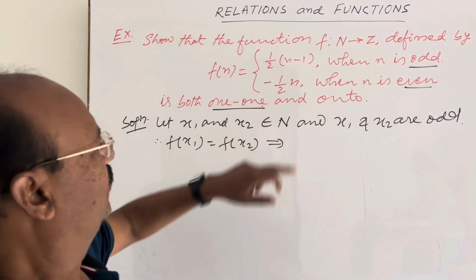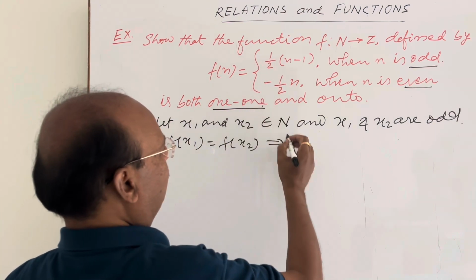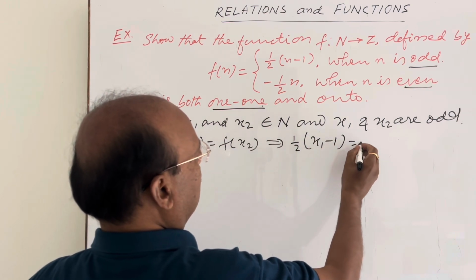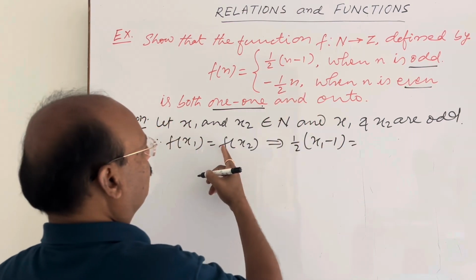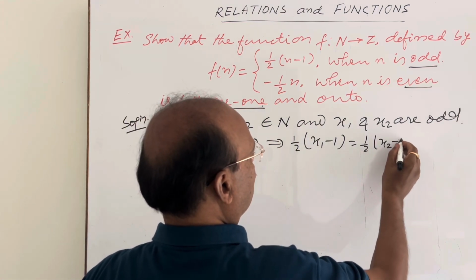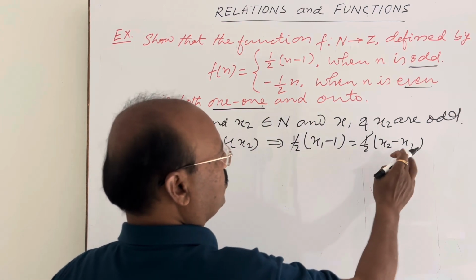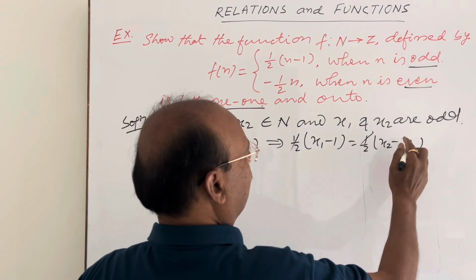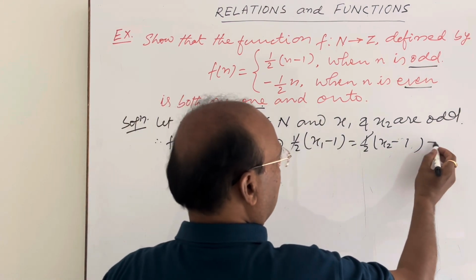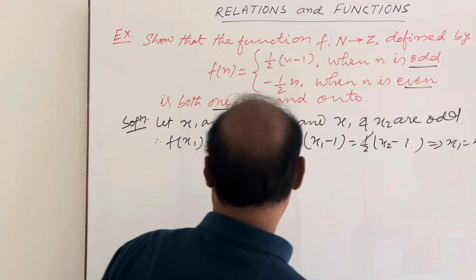So this implies that f(x1), from the given definition, is (x1 minus 1)/2, which is equal to (x2 minus 1)/2. The half will be cancelled out, and minus 1 will also be cancelled out. So we are getting x1 equal to x2.